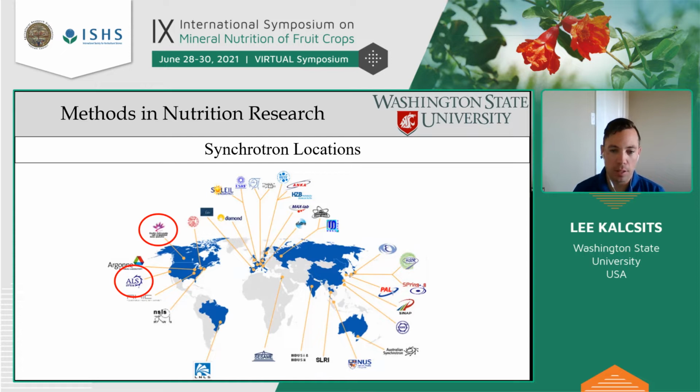And Beamlines are these specialized high-powered tools that can be used to interrogate things like cell structure or nutrient distribution or crystallography of proteins or protein interactions or spatial mapping of nutrients. There's a whole lot of things that could be done within these individual Beamlines.